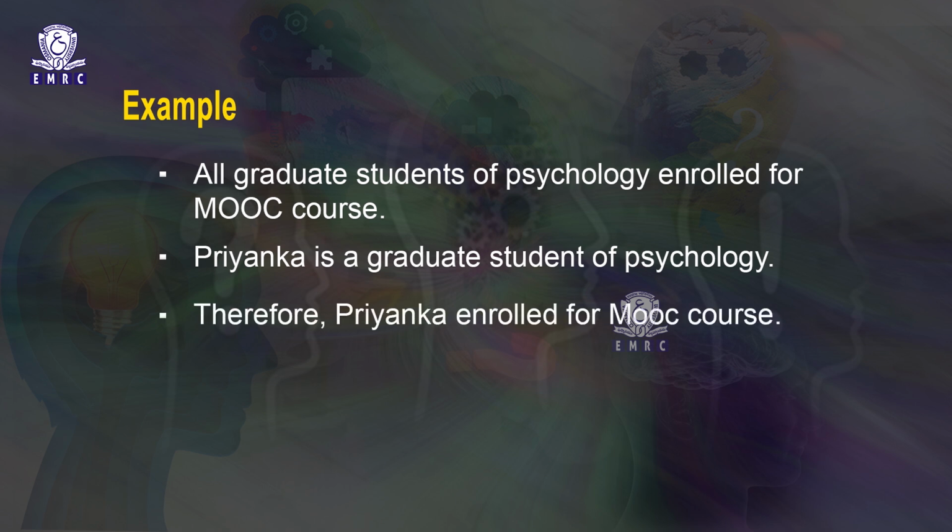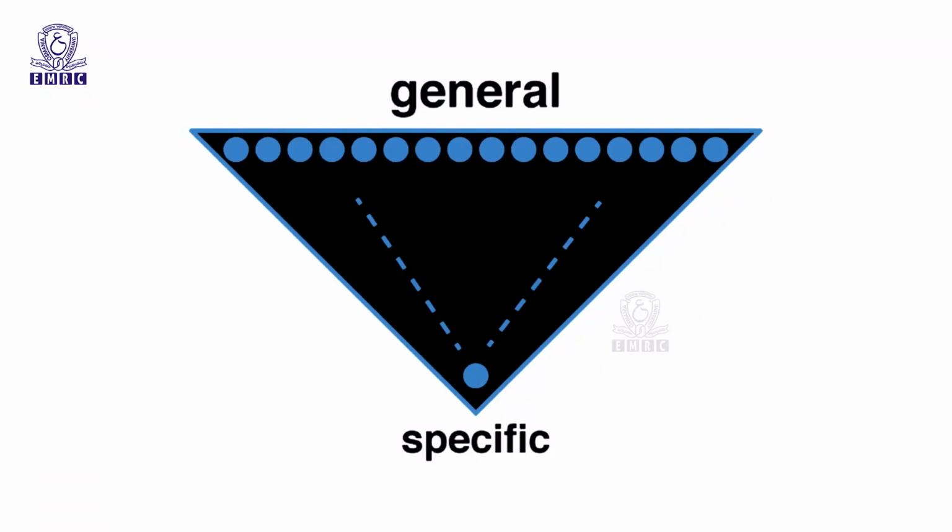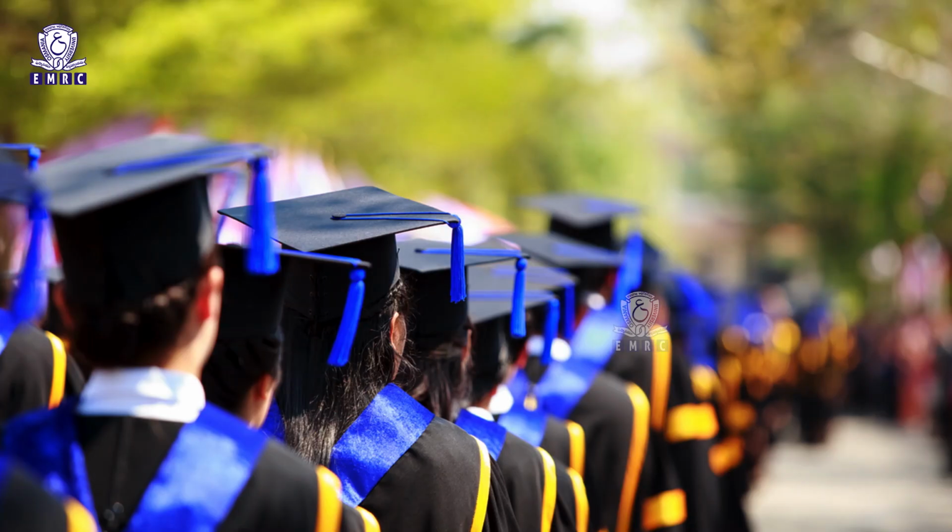Therefore, what would be the conclusion? Therefore, Priyanka enrolled for MOOC course. If you can see the illustration on your screen, I reasoned that Priyanka belongs to the set, because there is no exception.